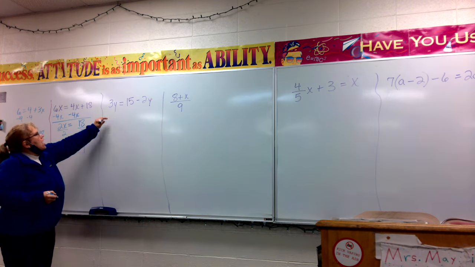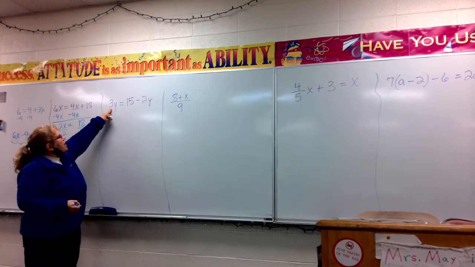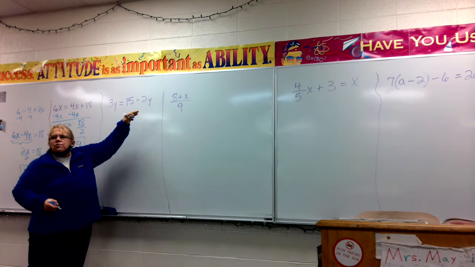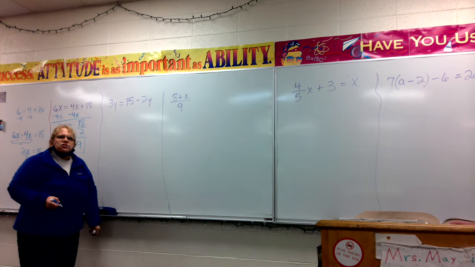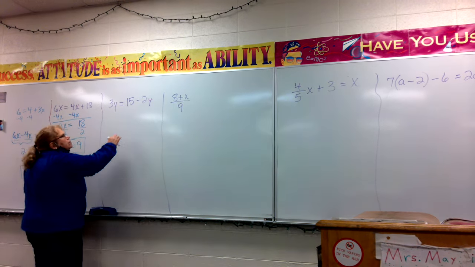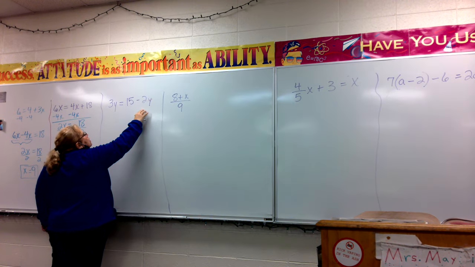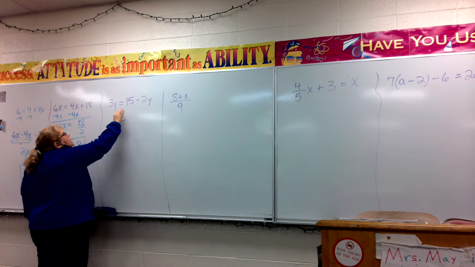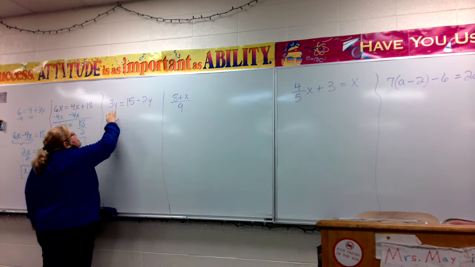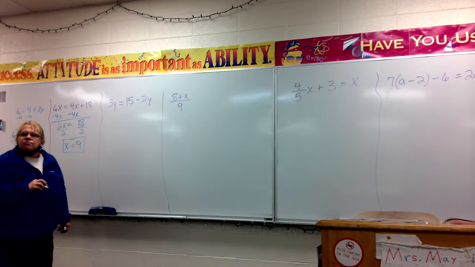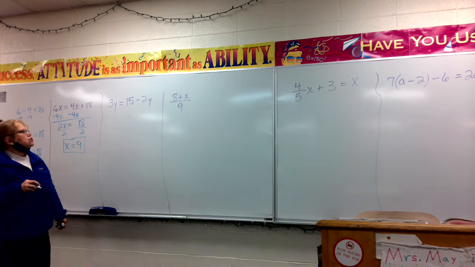How about this one? Do you see I have a 3y on the left side, negative 2y on the right? What would you have to do to get it all together? You always want to get all the letters all together first. I made a bad part. That's okay, so redo it.